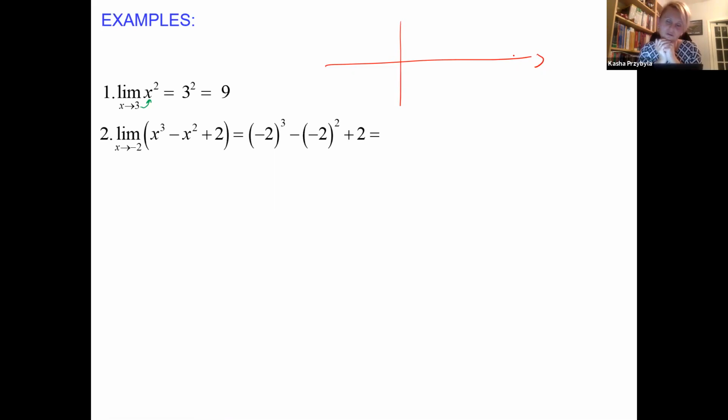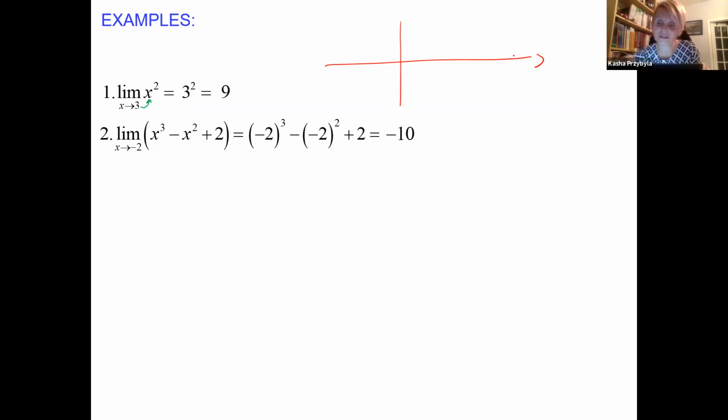Can you actually compute the value for me? Lots of negatives. No calculators. Negative 2 cubed minus negative 2 squared plus 2. Negative 8, negative 4, plus 2, negative 10. Thank you, Dave.